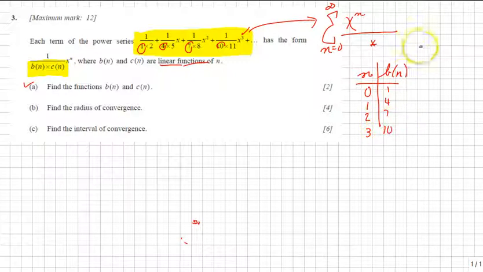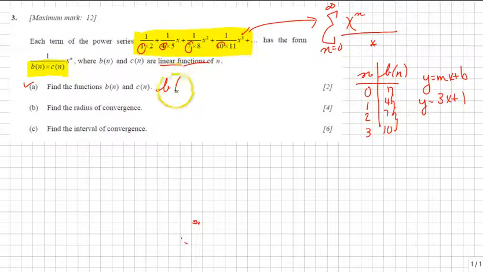Since it's linear and n is 0, you get 1. That means that's the y-intercept. Think linear is y equals mx plus b. So b is 1 when x is 0. And then the slope is the change, which is constant 3. So it's 3x plus 1. So therefore b of n, we're going to write as 3n plus 1.